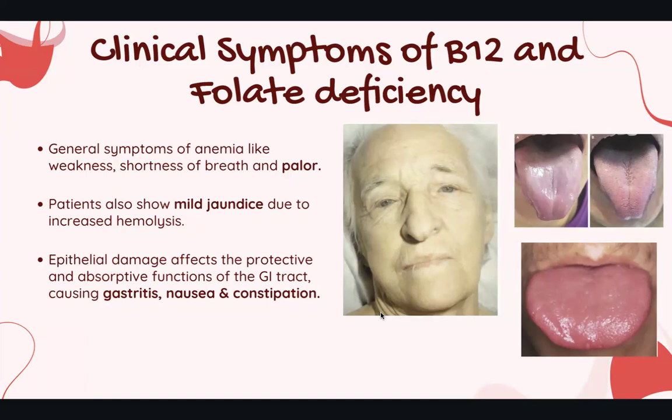This hemoglobin becomes bilirubin. Usually, this bilirubin can be metabolized by the liver. But because there's too much bilirubin, the liver cannot metabolize all of it, so it accumulates inside the tissue. So that is why we would have mild jaundice in B12 and folate deficiency.